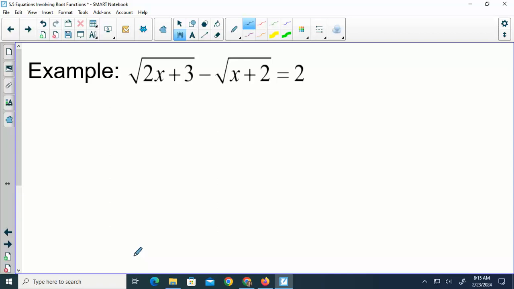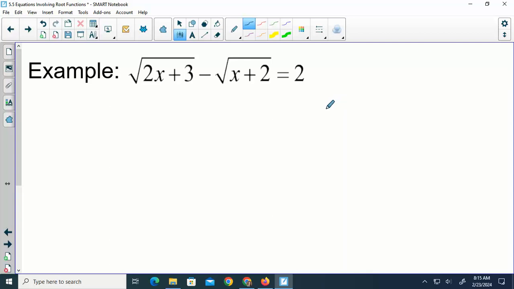Let's try this one. Where do we begin? We need to square to get rid of square roots.